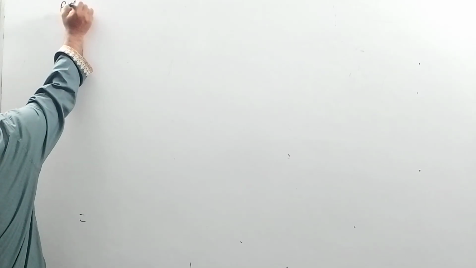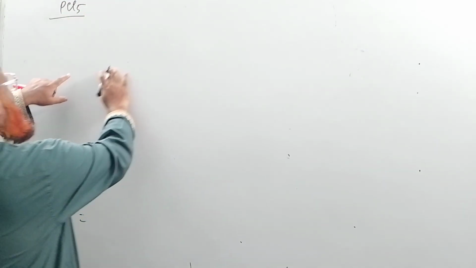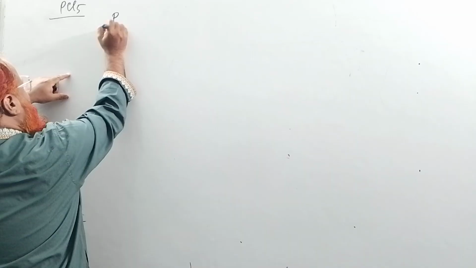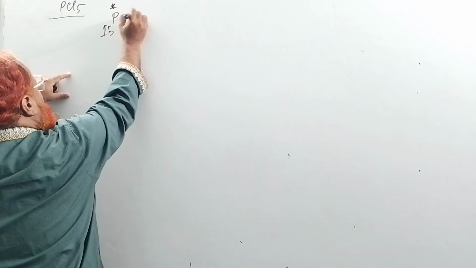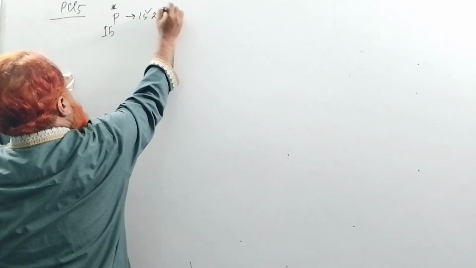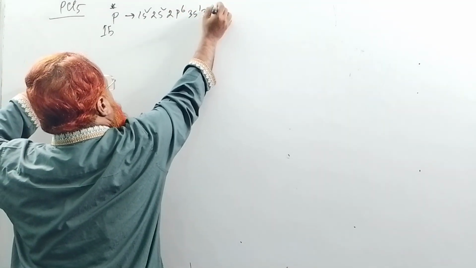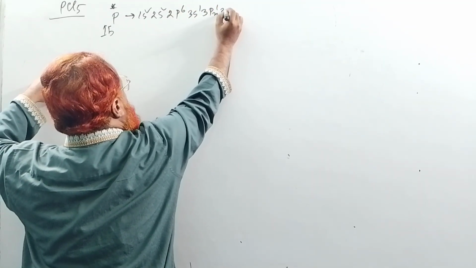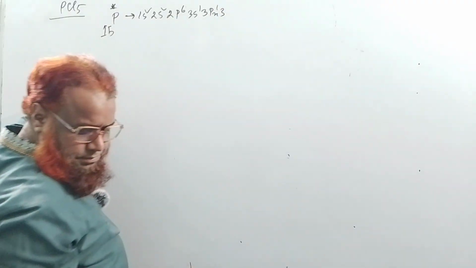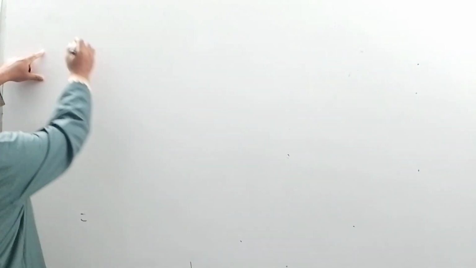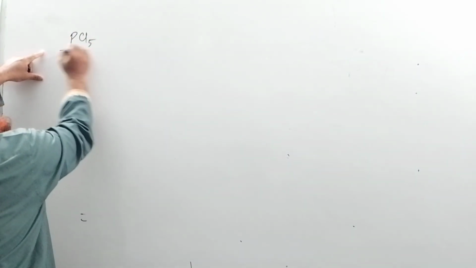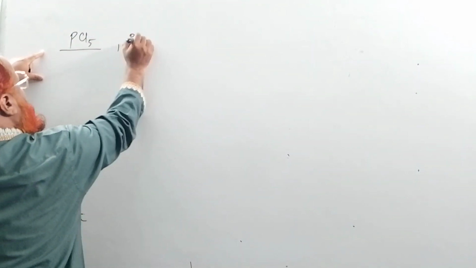So dear students, look at here, PCl5 diagram with hybrid orbitals. Okay. Now already we have drawn this electronic configuration. I am just recalling the final structure.